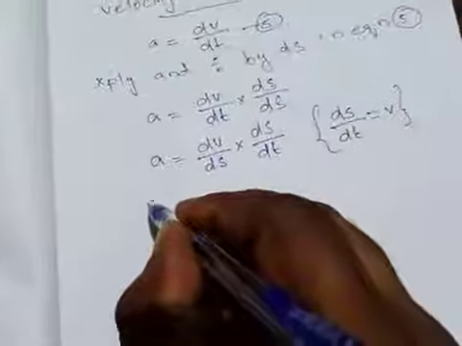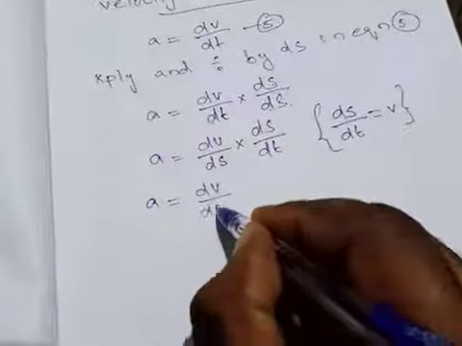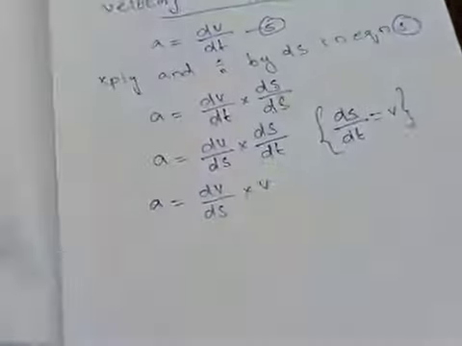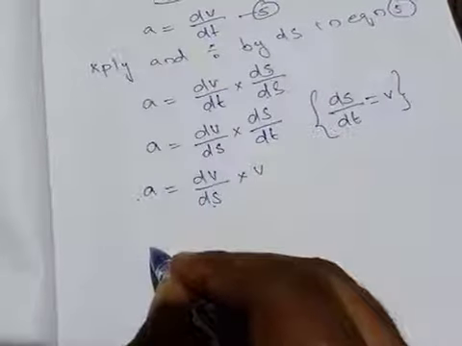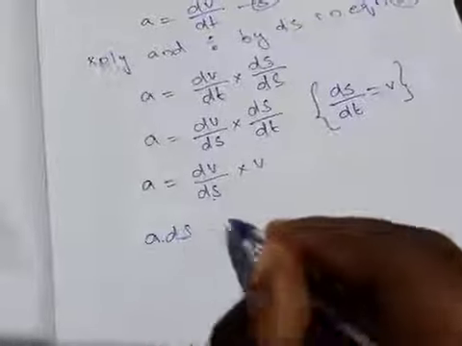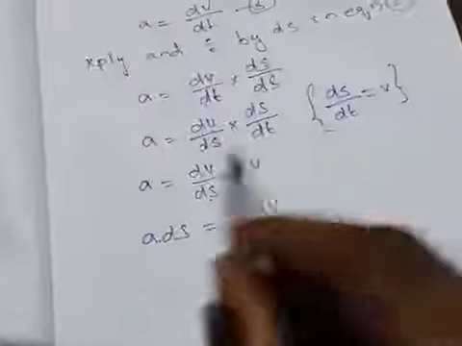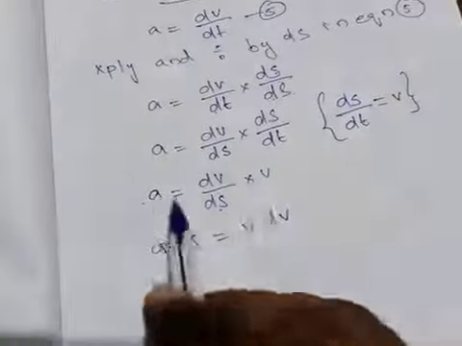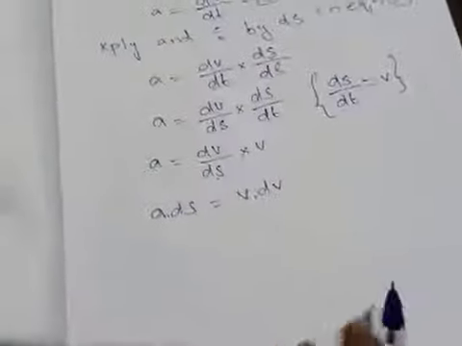Multiply here, so a is equal to dv by ds into v. Now take this ds to this side, cross multiplication. So a ds equals v dv. Instead of dv into v, you can write v dv. That is our integration format.